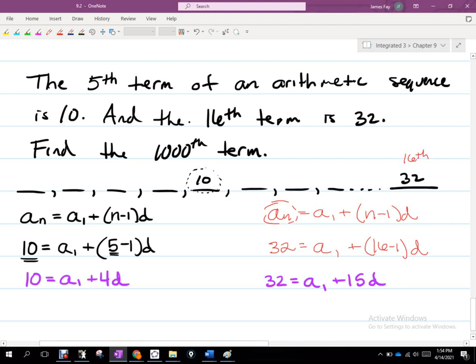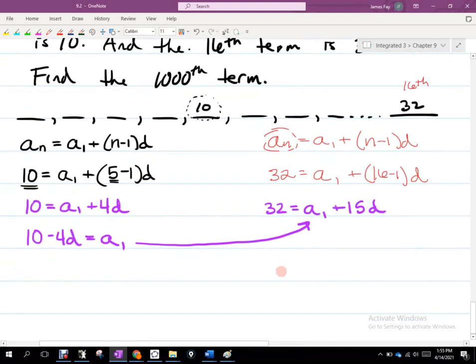Can you solve one of those for a1? Let's solve this one, I think it will be a little bit easier. Doesn't that mean 10 minus 4d is equal to a1? Let's replace a1 with 10 minus 4d.